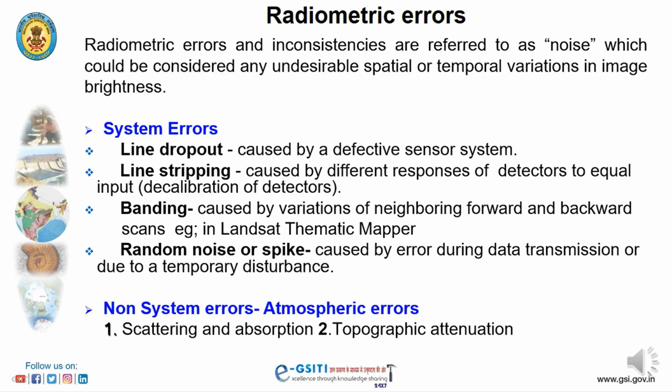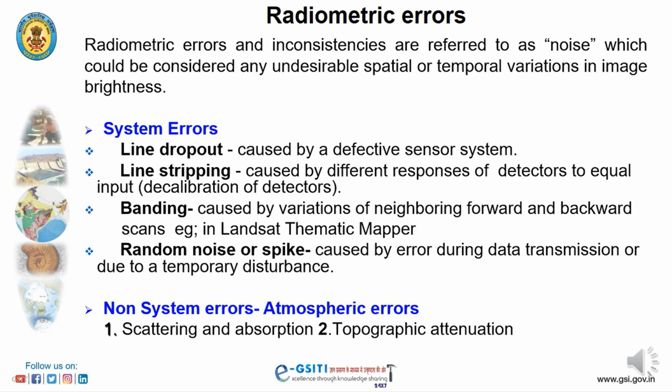of detectors. Banding is caused by variation of neighboring forward and backward scans. This is visible in Landsat Thematic Mapper products. Random noise or spike are other systematic errors caused by errors during data transmission or due to some temporary disturbances.